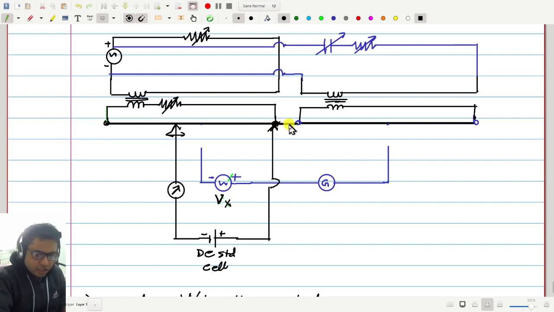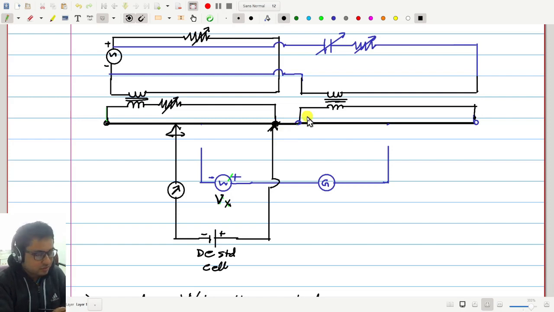Yeah, no problem if it is shorted now. Because this side of the circuit is isolated from this side, there is only one common connection, and with one common connection no current can flow. It only makes the potential at this point and this point equal, but it doesn't change anything else. The current here is zero. Yes, sir. Okay, fine.